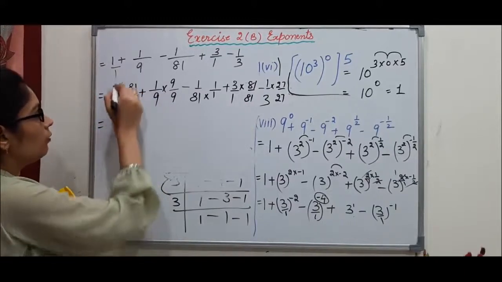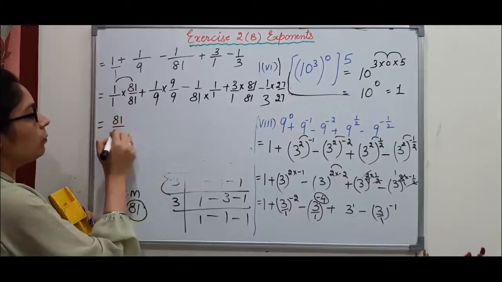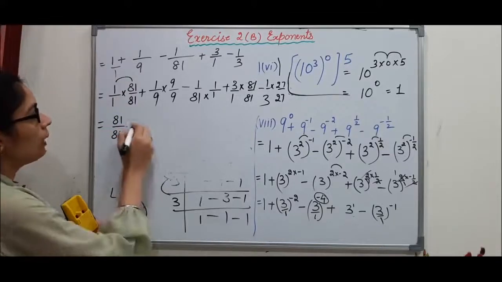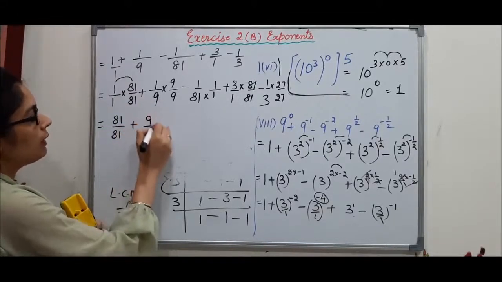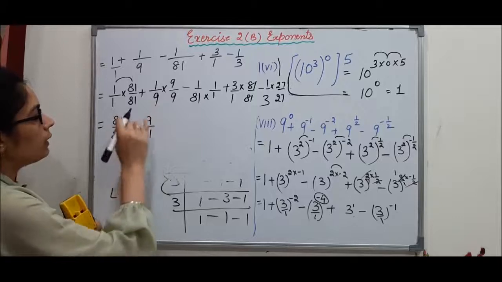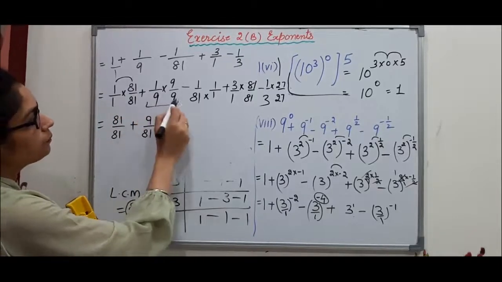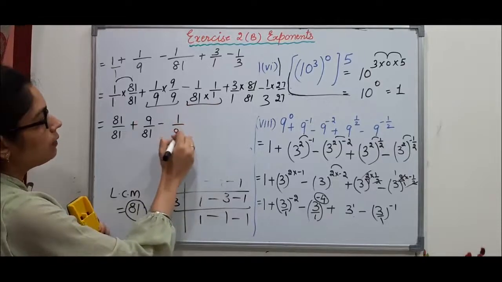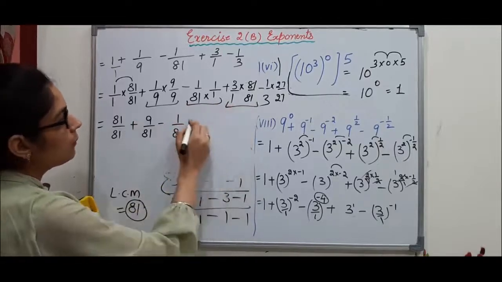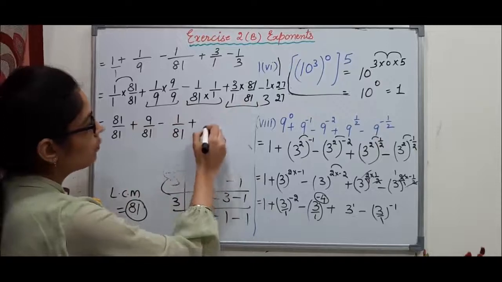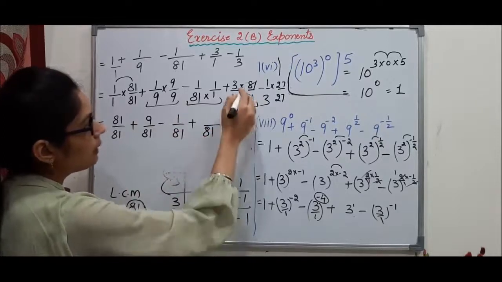Now 1 into 81, 81, the denominator will be 81 now. 1 plus 81, 81 by 81 plus 9 by 81 minus 1 by 81 plus 3 into 81 we can do. The denominator will be 81.